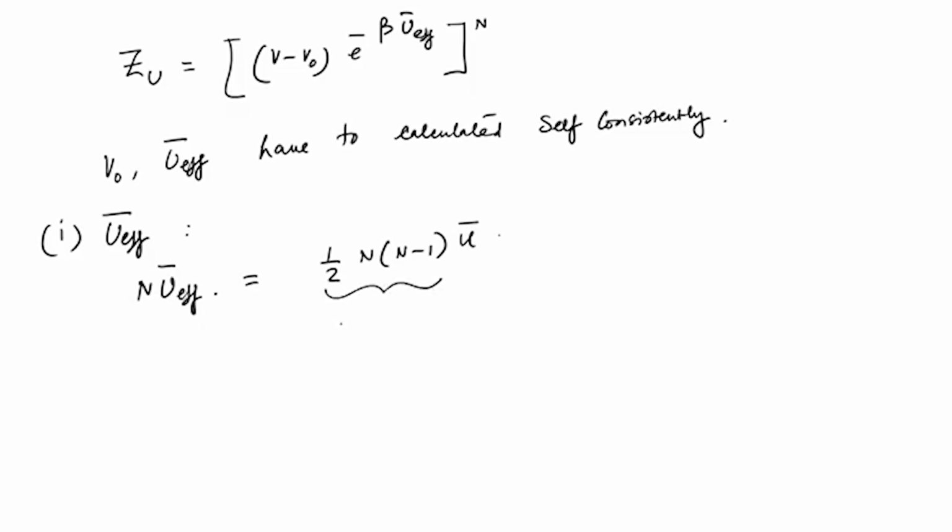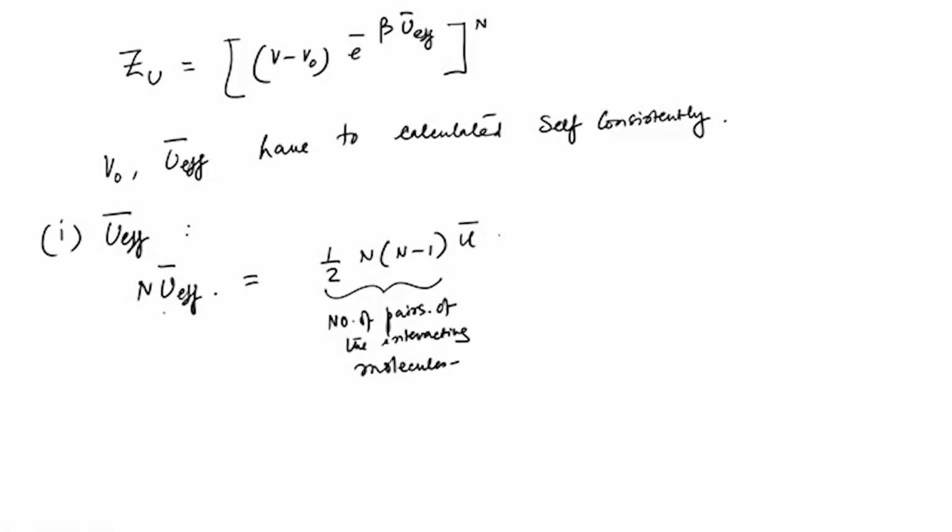This is basically the n by 2 pairs coming out, the number of pairs of interacting molecules. So n is the total number of molecules, and each one of them has an average potential, which is U effective.